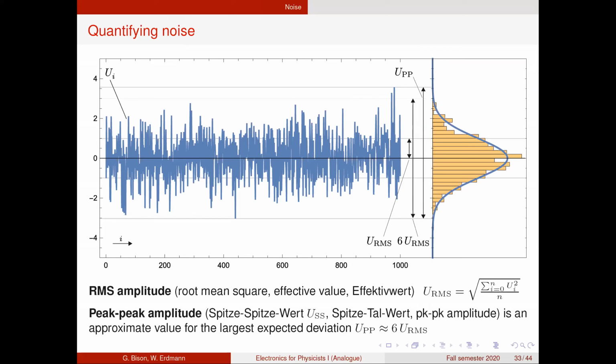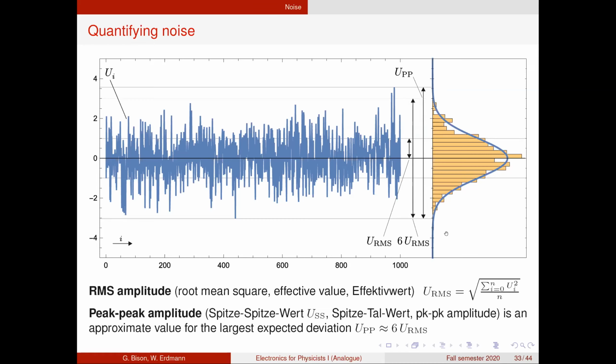But the peak voltage is, so to say, a measure of how much deviation do I actually expect to see. And in order to get an approximate value for that, it's common to use 6 times the RMS voltage. Yeah.